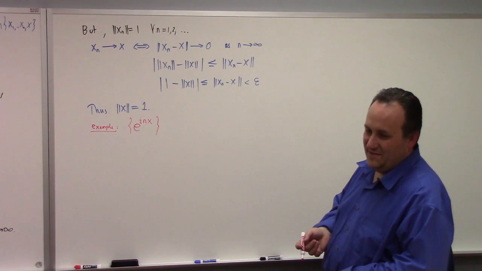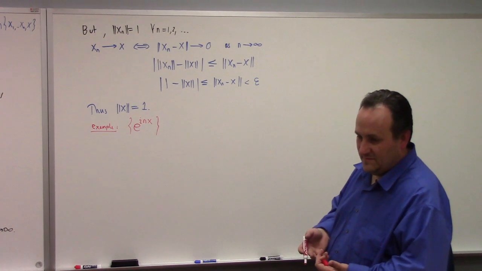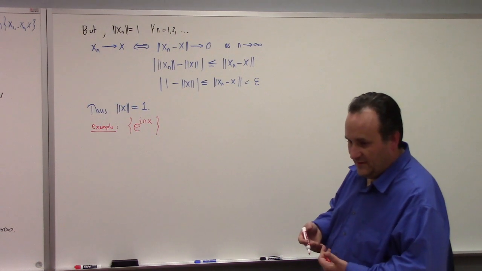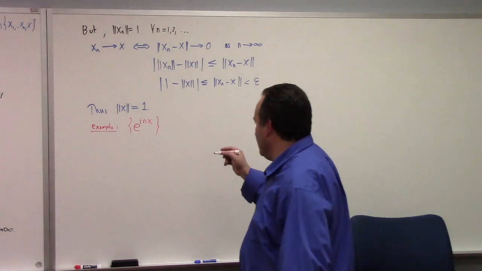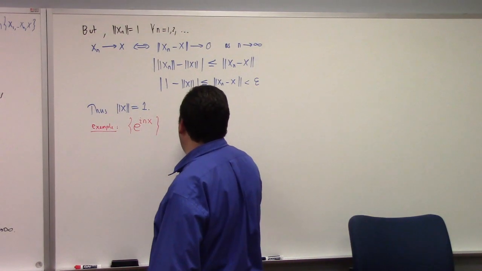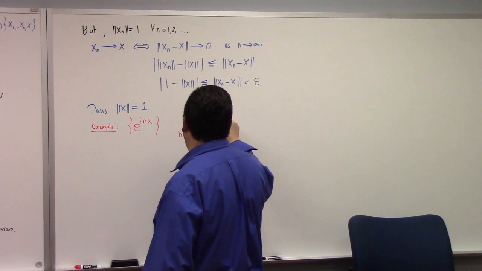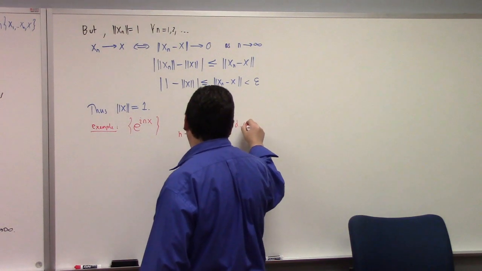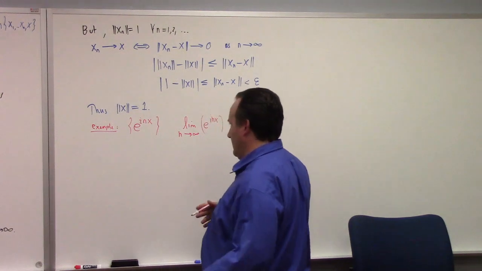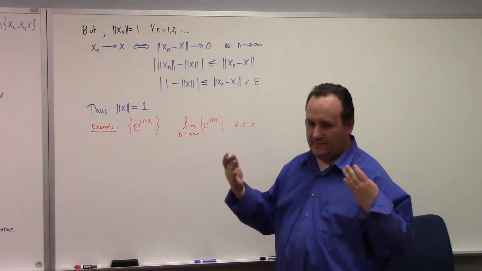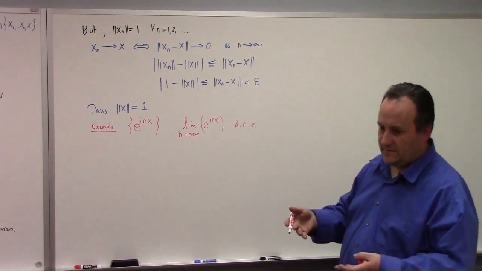So if you take a sequence of these, I can see why it doesn't converge. I understand that this limit does not exist. And I also see that it has modulus 1. I mean, this is an orthonormal system.